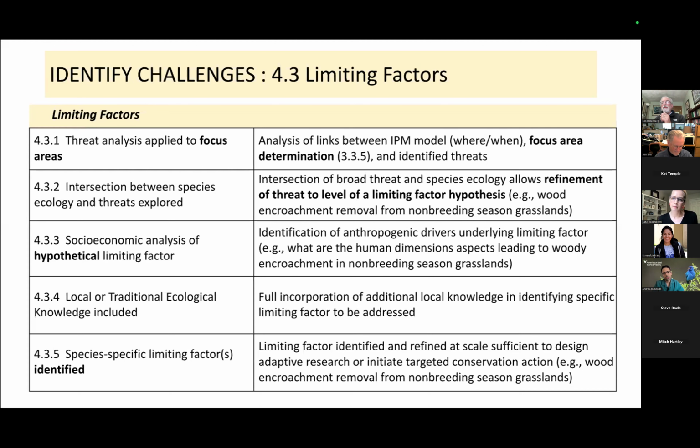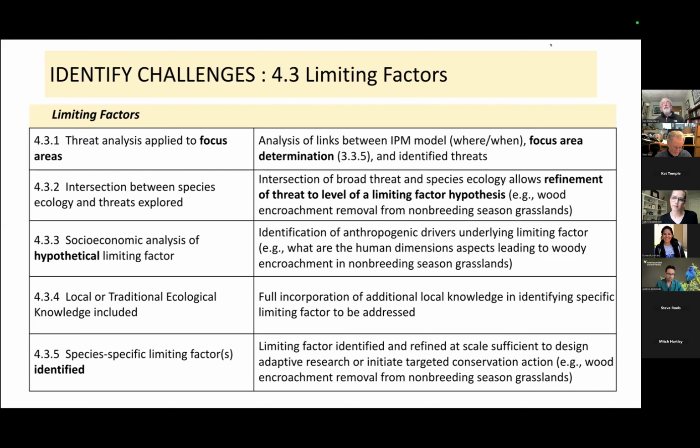I think some of the folks on here might have even been presenters in one of those earlier workshops. So this is the part of the whole thing that really requires a lot of data that we don't often have. And so it's not just a how do you do it, but where are we going to get the data for a particular species, and demographic data in particular.